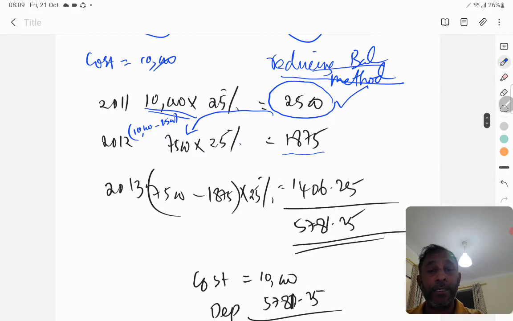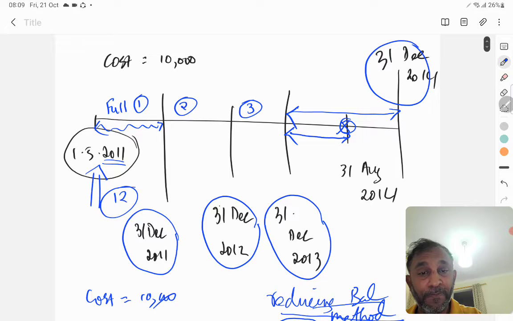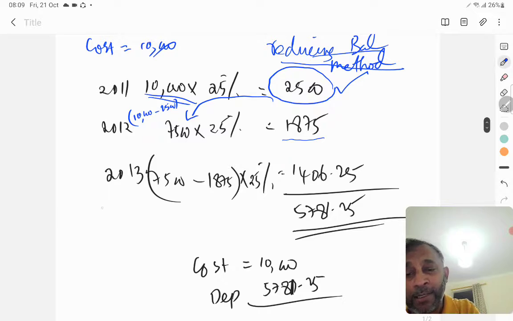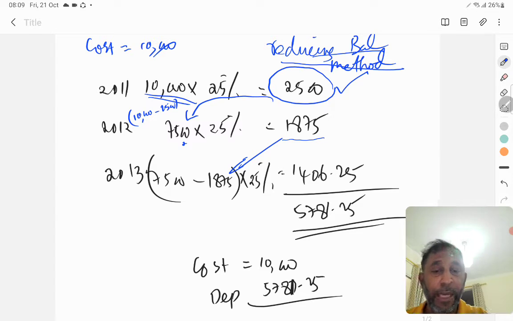And for the third year, you again arrive at the net book value at the beginning of this period. From this 7,500, you subtract this 1,875 and then multiply by 25%, and you get 1,406.25.